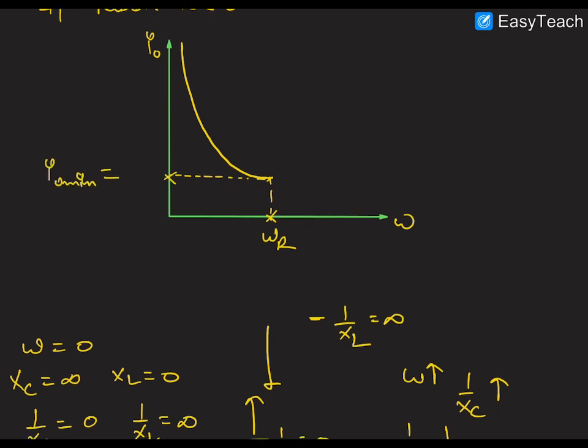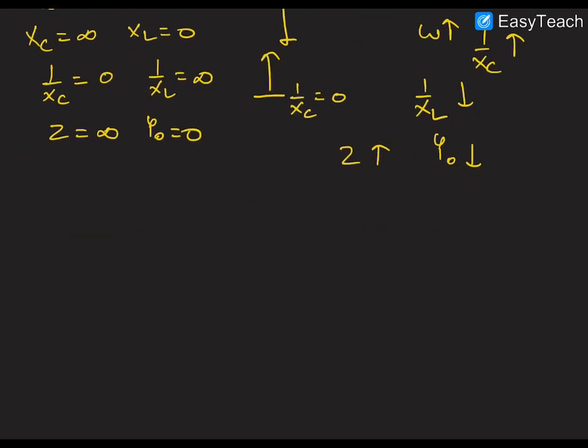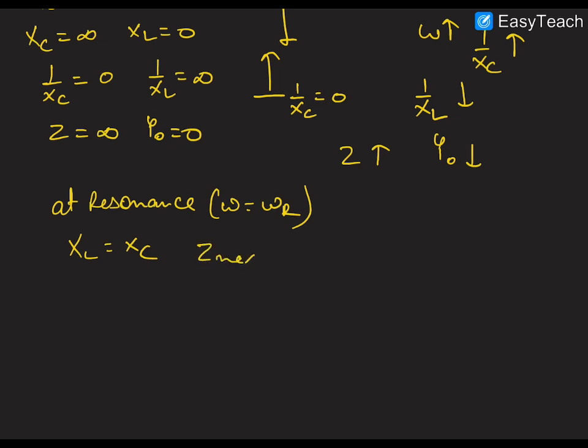Now we can discuss that at the resonance condition, when omega is equal to omega r, XL will be equal to XC, and therefore Z will be maximum.